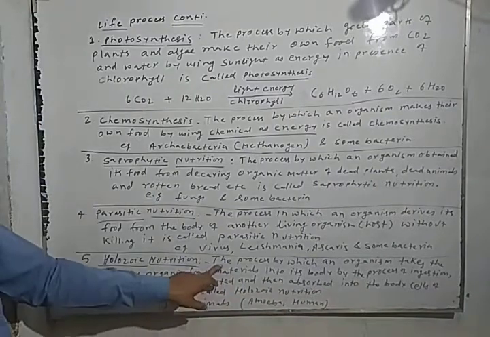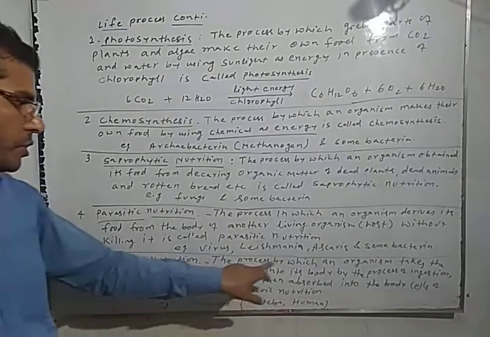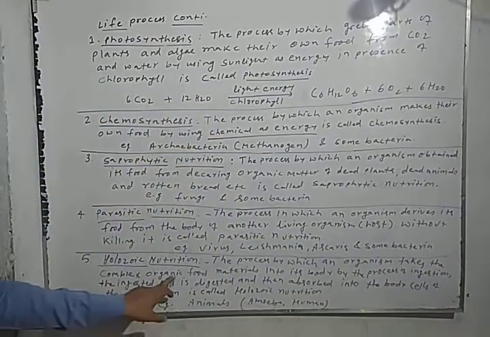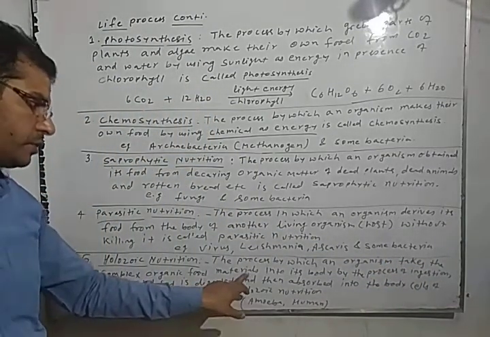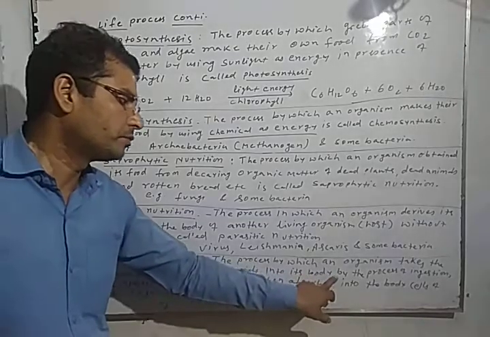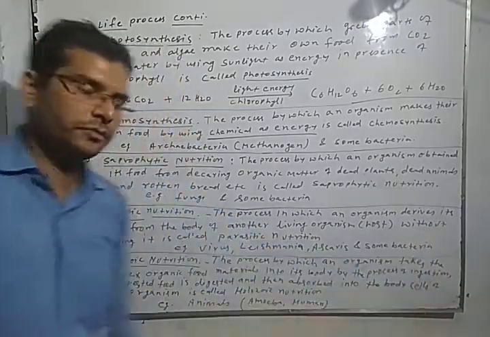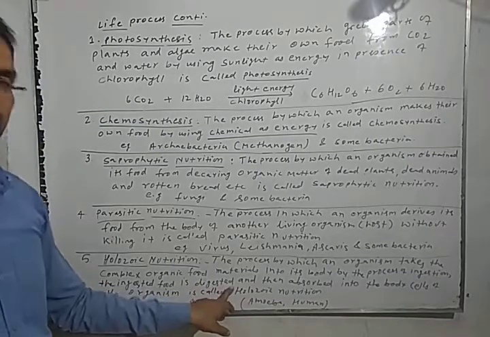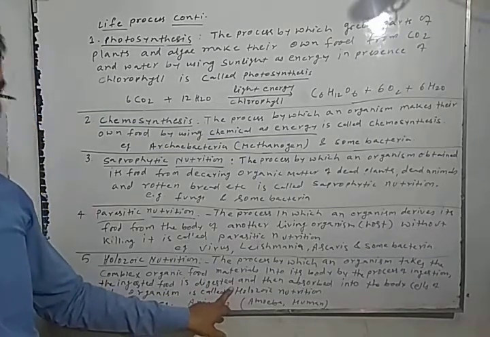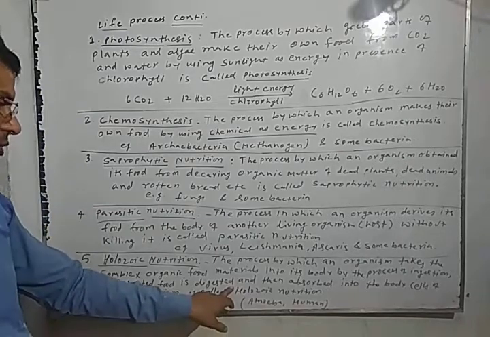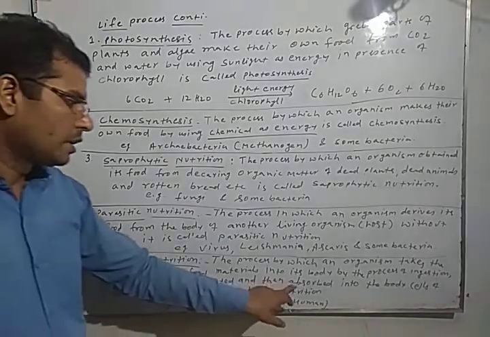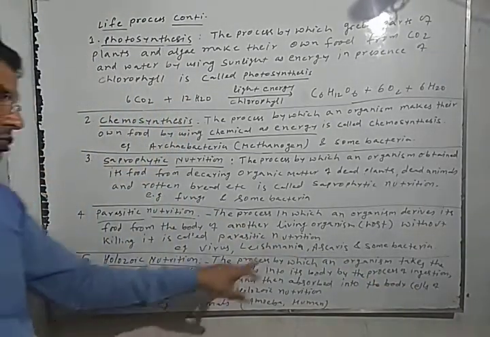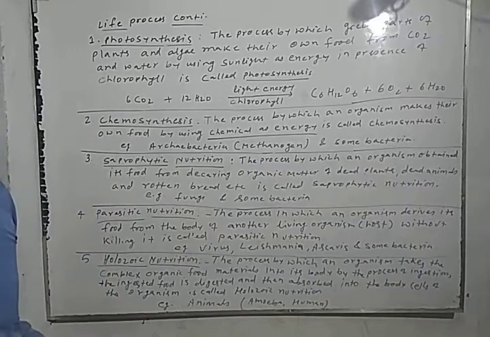What happens? In holozoic nutrition, the process by which an organism takes complex organic food materials into its body by the process of ingestion. The ingested food is digested, that means broken down into simple forms, and then absorbed into the body cells of the organism, is called holozoic nutrition.